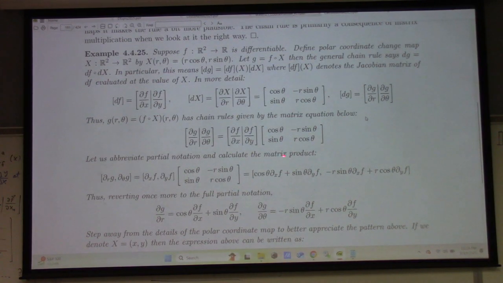You recognize these. These are exactly the r derivative of the composite and the theta derivative of the composite that we worked out yesterday. But you see, I'm deriving the rules from multiplying the Jacobian matrices of the maps which are composed. And all of the chain rules can be derived in this way, all right?